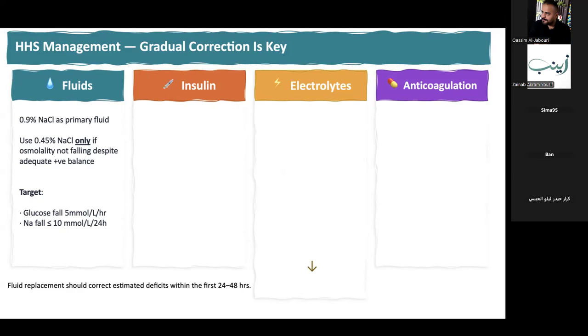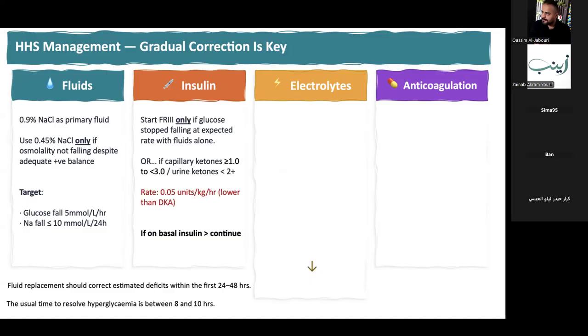So this is very important. They go hand in hand together. And the target, as we said, the glucose to fall 90 milligrams per deciliter per hour, or sodium should not be falling more than 10 millimole in 24 hours to avoid cerebral complications.